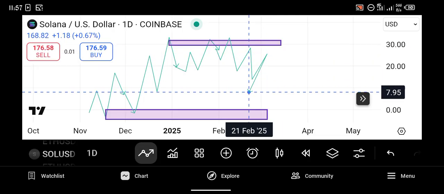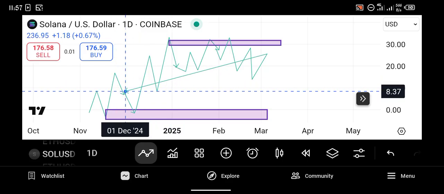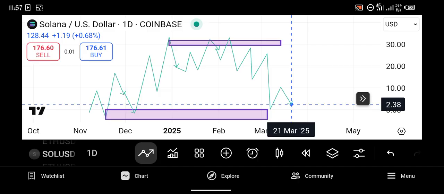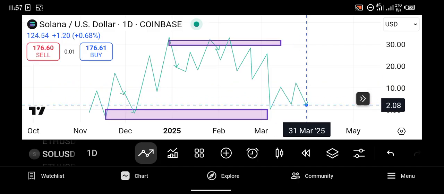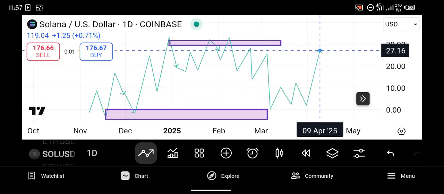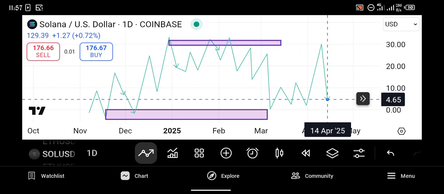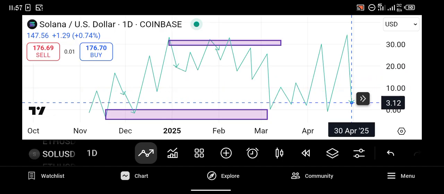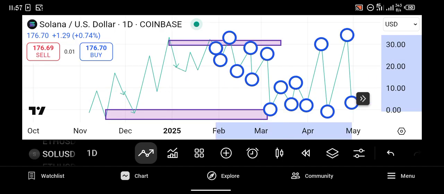When it takes out all these zones and comes back here again, then it can now start a change of character again and start buying. Here again it sells, from here again it buys, just like that. That is just it.